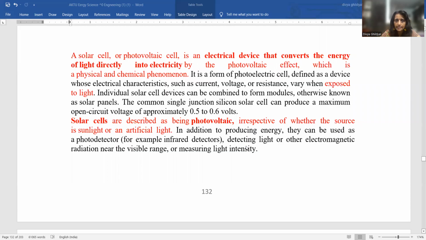So solar cells are described as being photovoltaic, irrespective of whether the source is sunlight or you have taken up an artificial sunlight. They only need some light to be incident on it and the process triggers off.